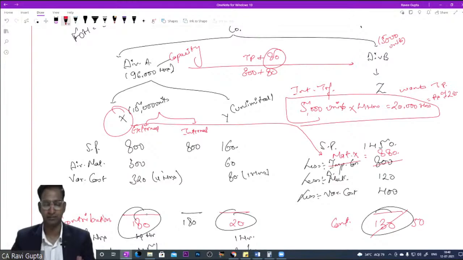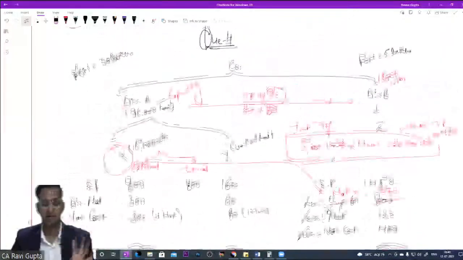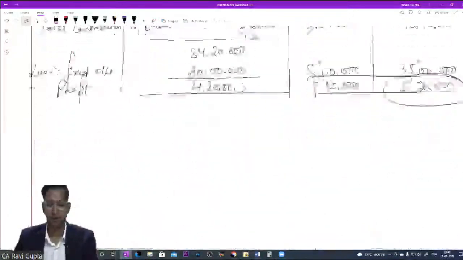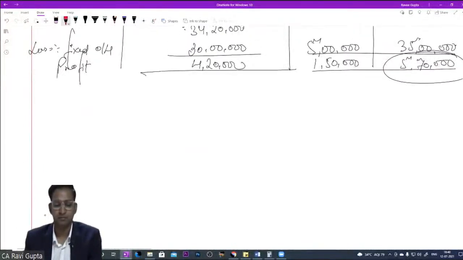What we have done, I have done in this manner, but I can also show you here. The impact to division A: Bhargavi, 720. Radha, your answer is correct. Namita, your answer is not correct, so let me tell you.